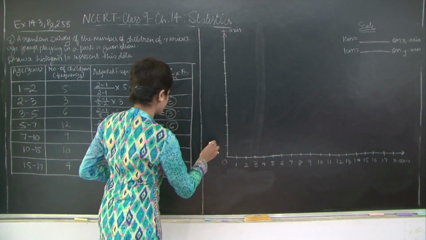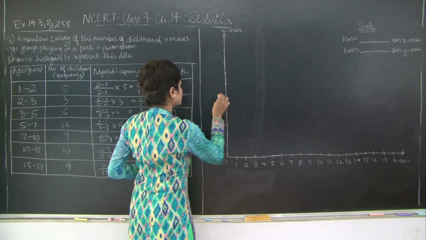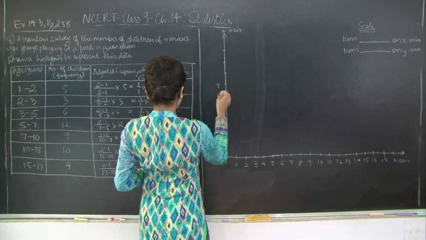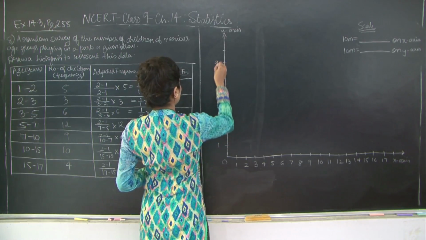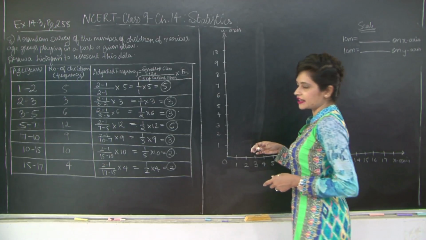Then again 1, 2, 3, 4, 5, 6, 7, 8, 9, 10 and so on. So I have my x-axis, y-axis and the coordinates.